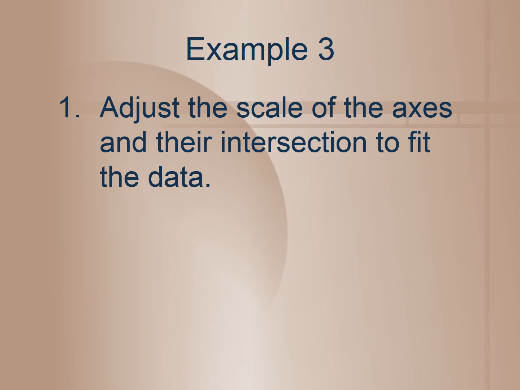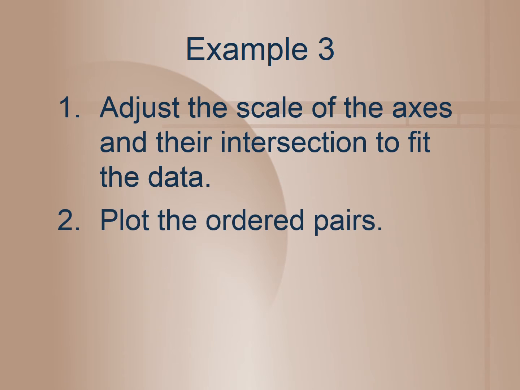And also, if your numbers are really big and the differences between them are in the hundreds, instead of counting by ones, like 1, 2, 3, 4, 5, 6, 7, you might count by tens, like 10, 20, 30, 40, 50, 60. So you're going to have to adjust the scale of the axes and their intersection to fit the data.